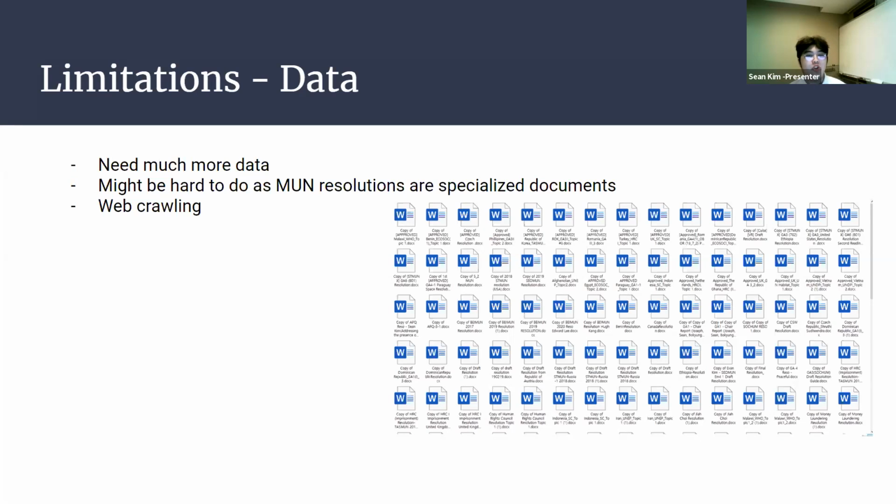So by creating a crawling tool in order to gather text generated by humans, essentially text that humans wrote online, in order to create a naturalized process of writing, and then implementing certain parameters and making it learn from a data set of MUN resolutions and UN resolutions, I think that a better result can be achieved.